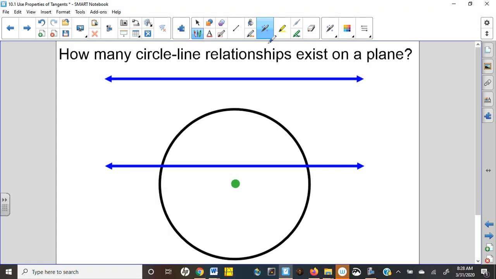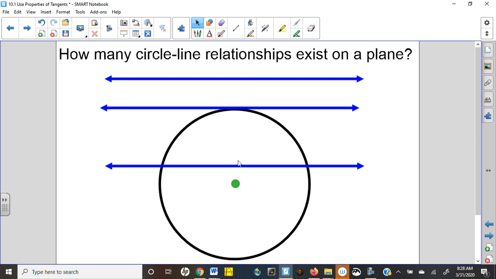Now, the third relationship is actually probably the most special. And that's where you get a line that just bounces off a single point. So it never really enters the circle. It just grazes it at a single point.